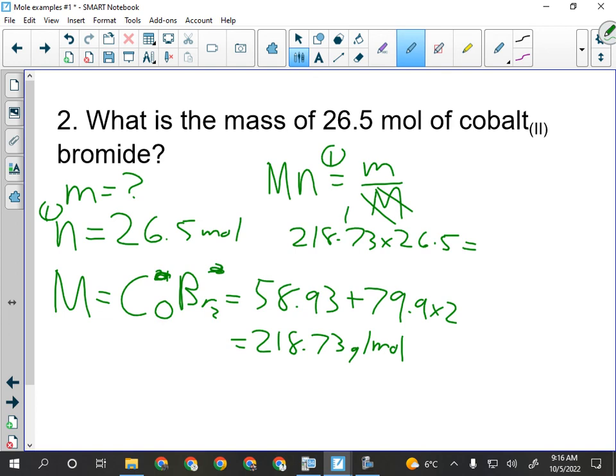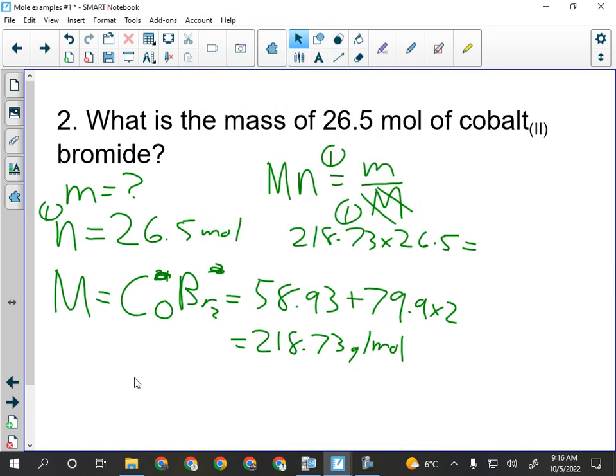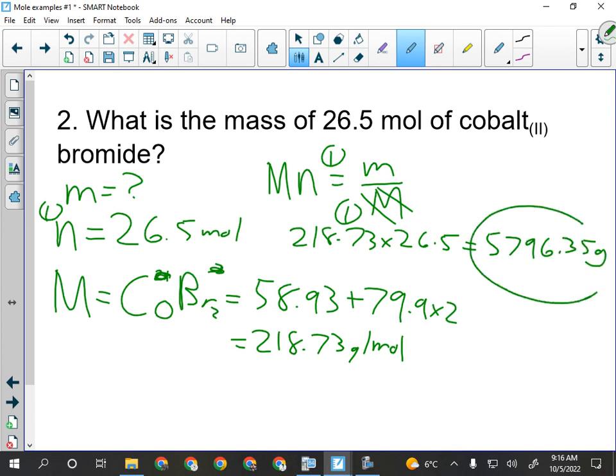So I'd get a mark for my algebra and then a mark for my answer. So times 26.5 gives me 5,796.35 grams.